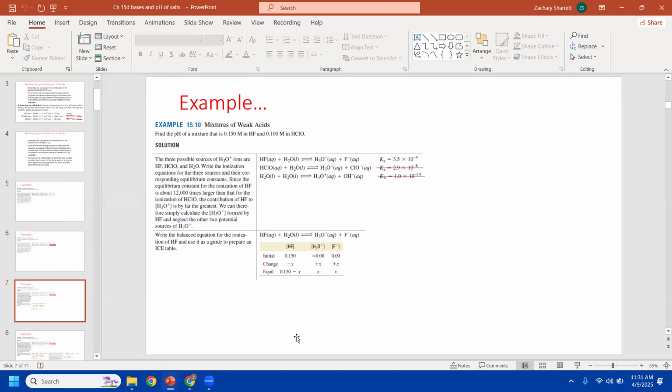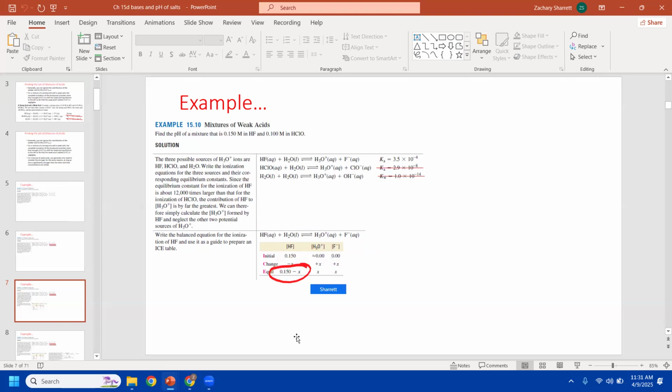Okay, so once again, this is like number 2 on the quiz today. You're going to write out your equilibrium. Water is ignored, so we put the acid and the H plus and the F minus. We start off with 0.150, 0 and 0. We add plus x to the 0 side. We subtract x from that side.